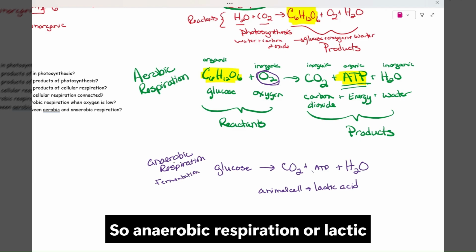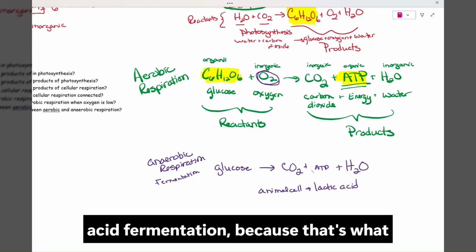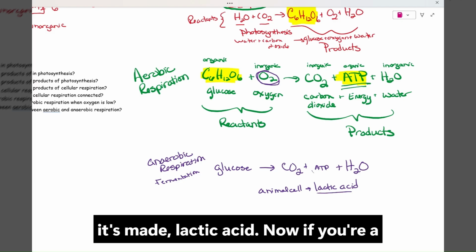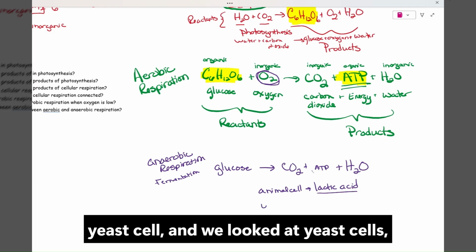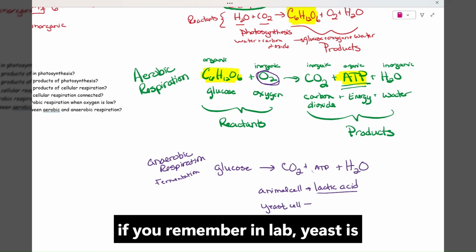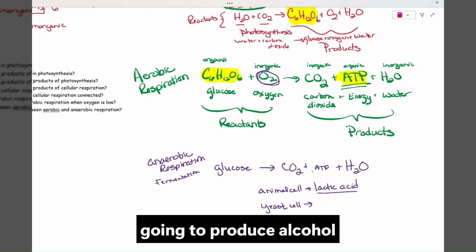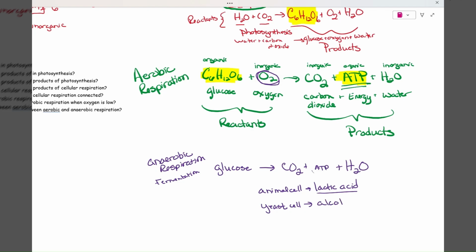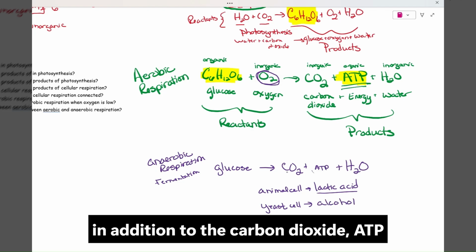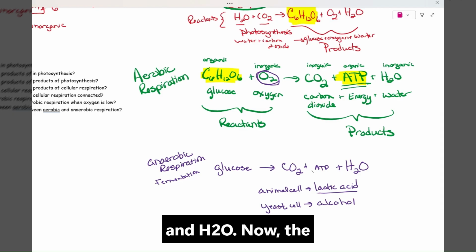So anaerobic respiration or lactic acid fermentation, because that's what it makes, lactic acid. Now, if you're a yeast cell, and we looked at yeast cells in lab, yeast is going to produce alcohol in addition to the carbon dioxide, ATP, and H2O.